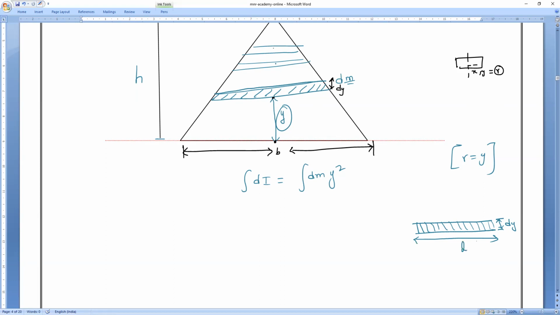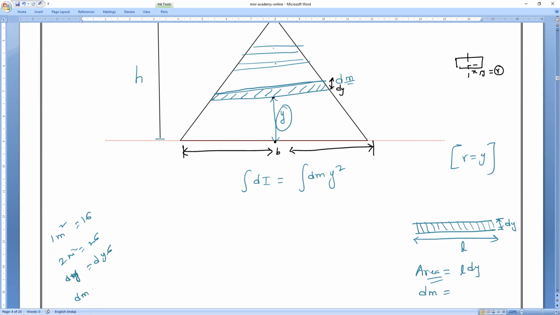Does the length remain constant or vary, everybody? Definitely it will vary. Right or wrong? So the area equals what, brothers? Length into breadth, L dy. And mass: we all know that 1 square meter means 1 sigma, 2 square meter means 2 sigma, so dy square meter means dy sigma.